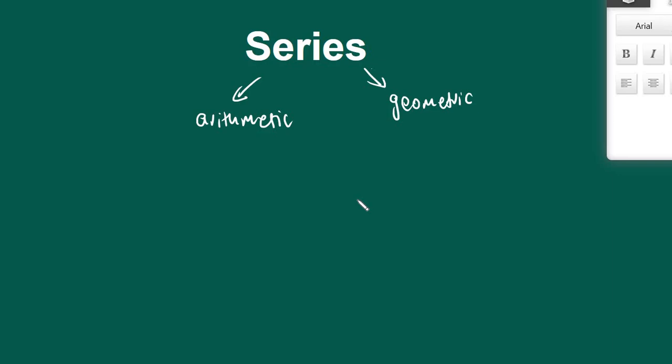If I'm talking about Squid Game, you had season 1, you had season 2. If I add a season 3, that means I'm just adding more episodes to Squid Game. So in a series, we are adding the terms in the pattern. You are adding the terms in the sequence.